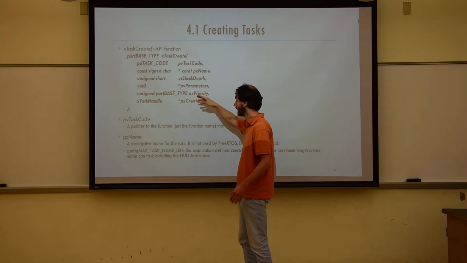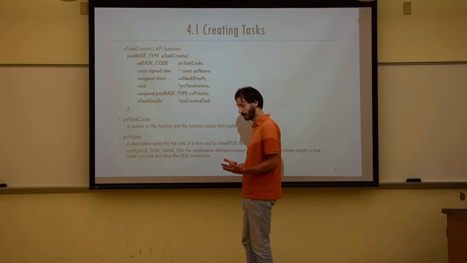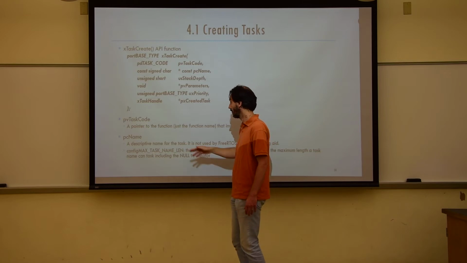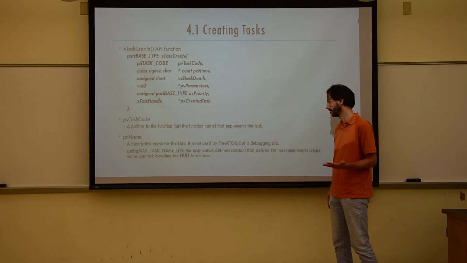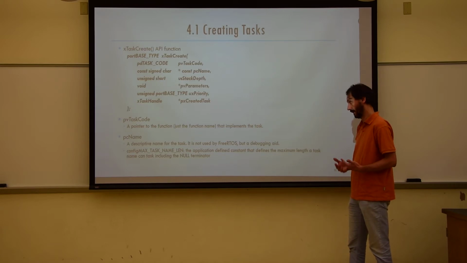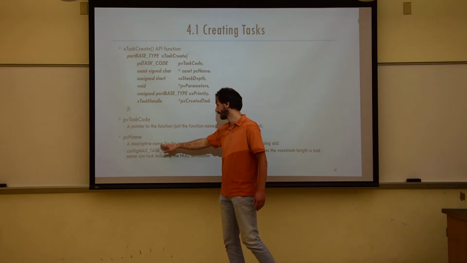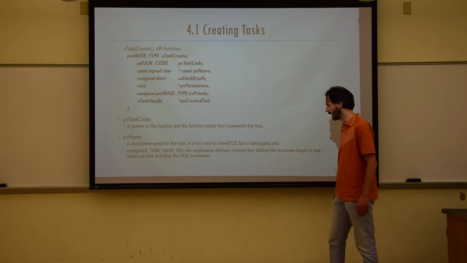So that object will have a certain number of fields that the RTOS needs to know in order to handle that task. First of all, a pointer to the function, which is just a function name that implements the task. I need to know, of course, where to look. There's a descriptive name that you can add in. It's not used by FreeRTOS, but you can use it as a debugging aid.